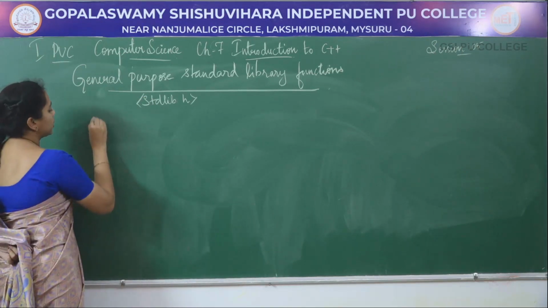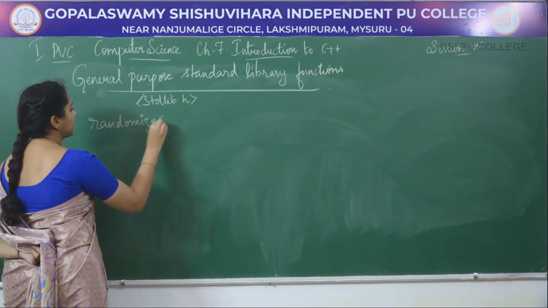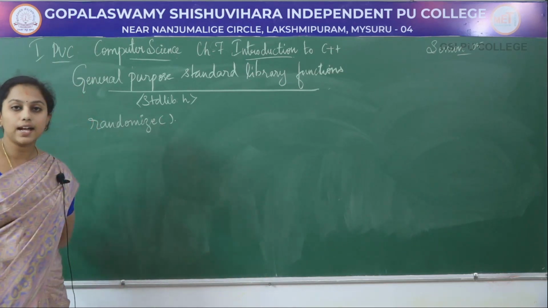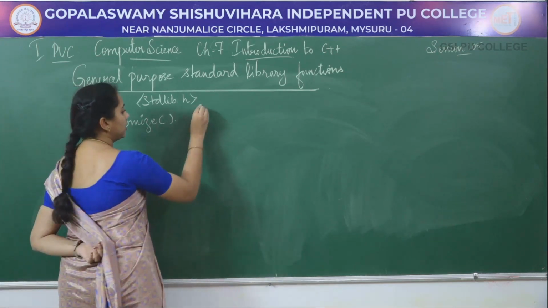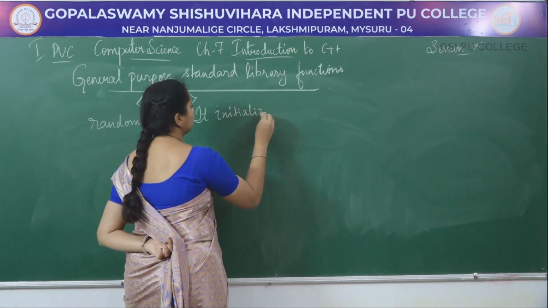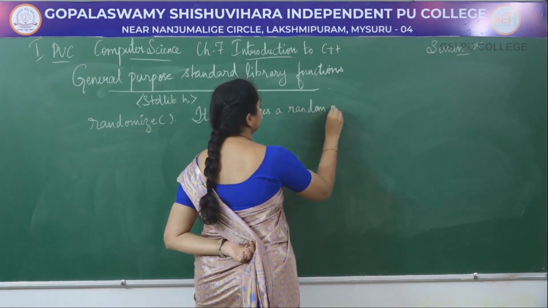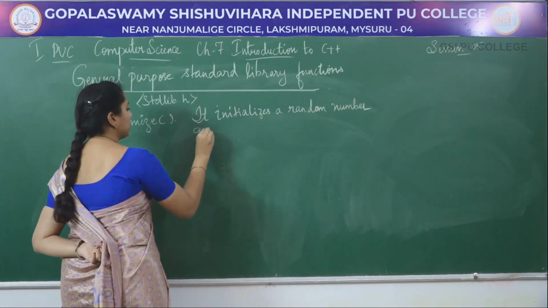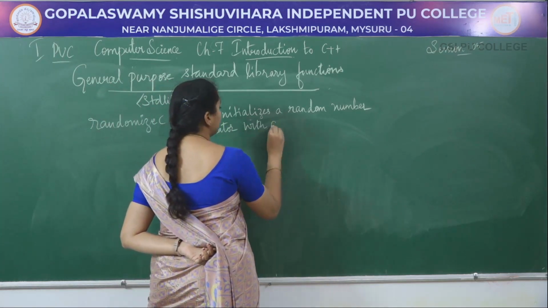So the first function is the randomize function. It initializes a random number generator with a random number.